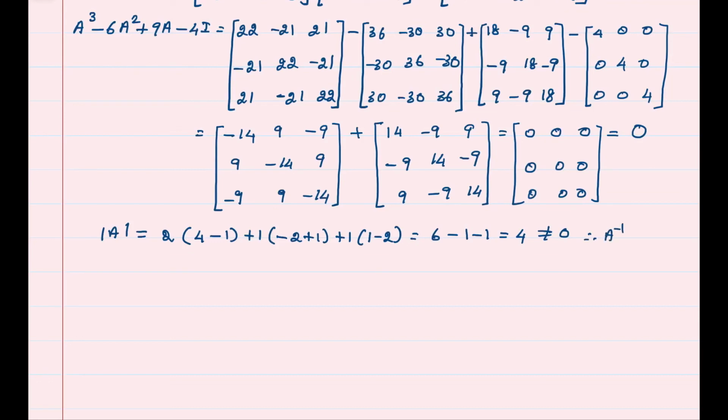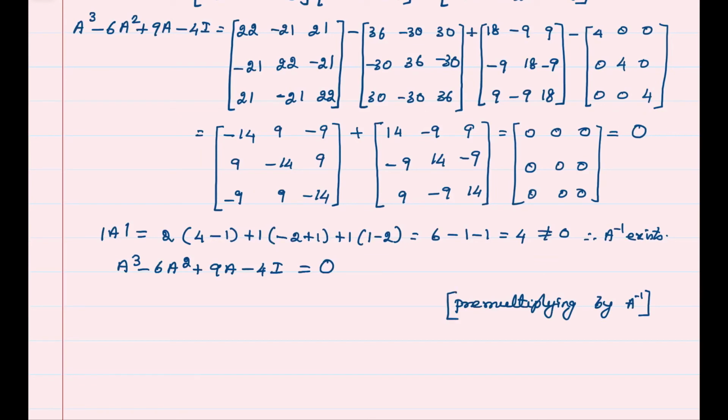Therefore, A inverse exists. The equation which we proved is A cube minus 6A square plus 9A minus 4I is 0. We will pre-multiply by A inverse.